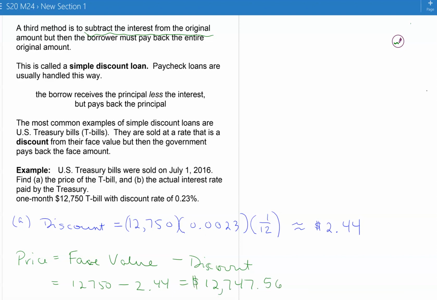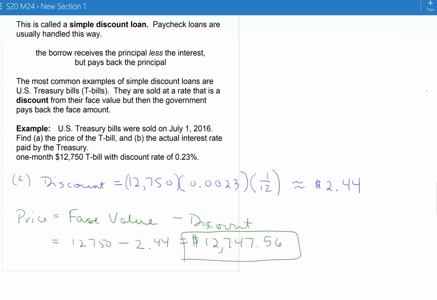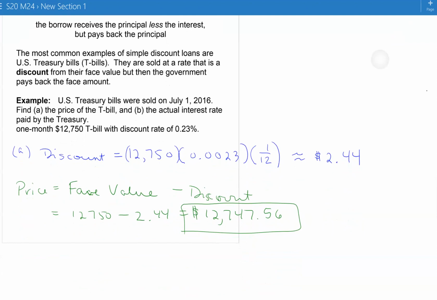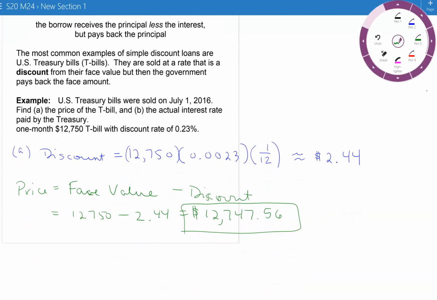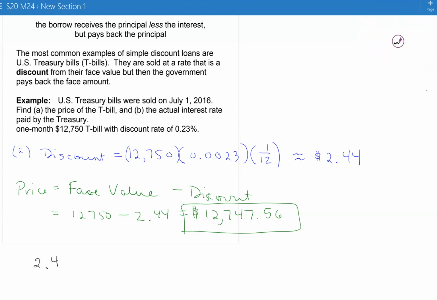So that's the price of the T-bill. And then they want us to calculate the actual interest amount paid by the Treasury, and I find this kind of interesting because this is saying if this was simple interest of $2.44 that you got from lending 12,747.56, so sometimes the discount rate is a little misleading.